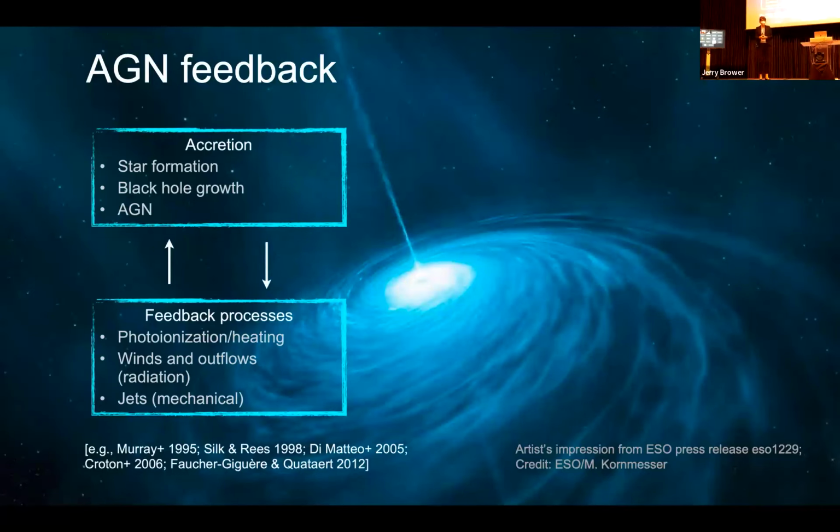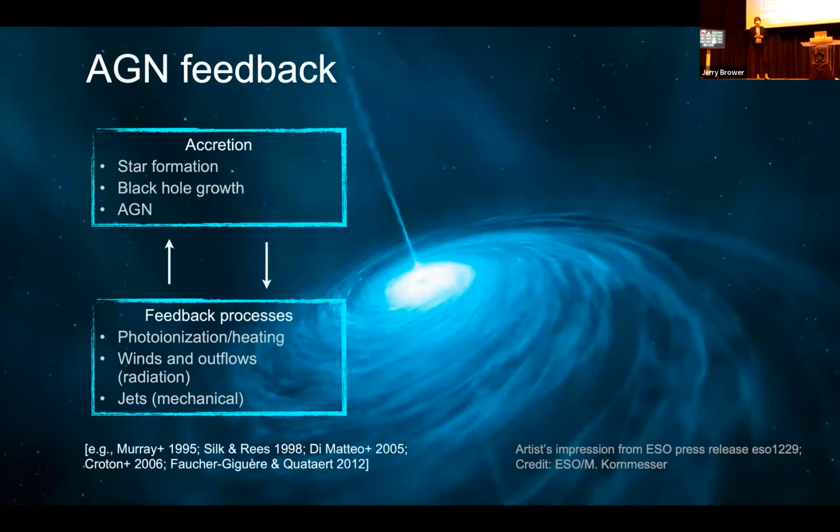Feedback can also happen through radiation pressure-driven winds and outflows from the AGN, or through mechanical feedback from jets launched by the AGN. And AGN feedback has become a very integral part of our nowadays understanding of galaxy evolution.